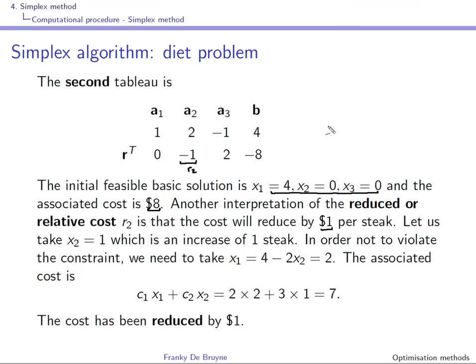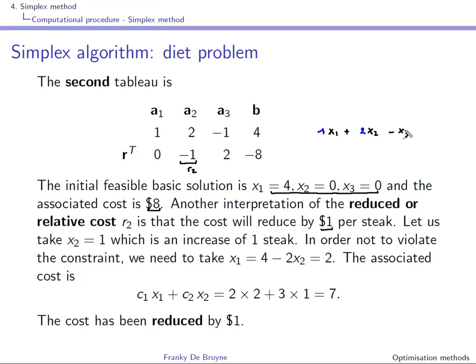We have, of course, a constraint, and this constraint is 1, and this 1 is A11 from the original problem, times x1 plus 2 times x2, this is A12, minus x3.